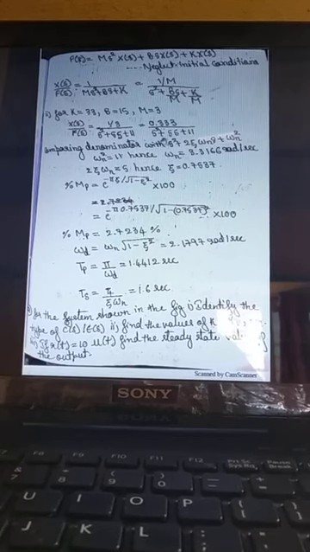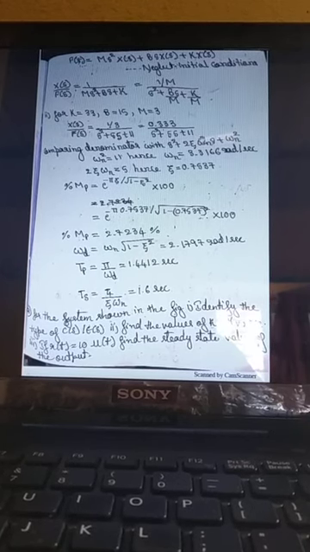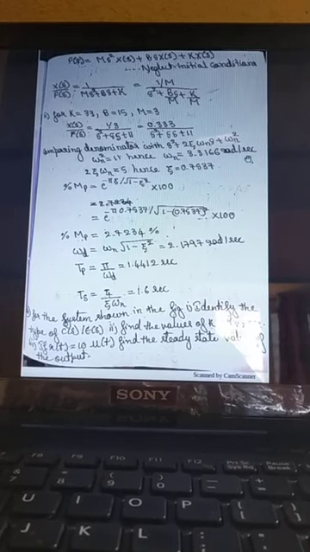Here the denominator is s square plus 5s plus 11. That means omega n square is equal to 11, omega n is equal to 3.3166 radians per second. 2 zeta omega n is equal to 5.